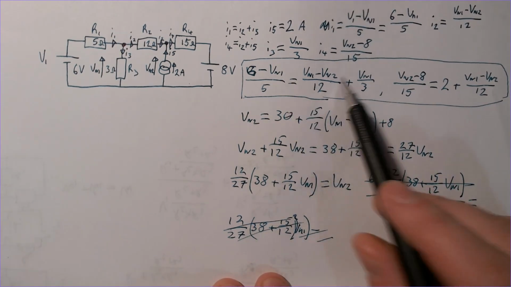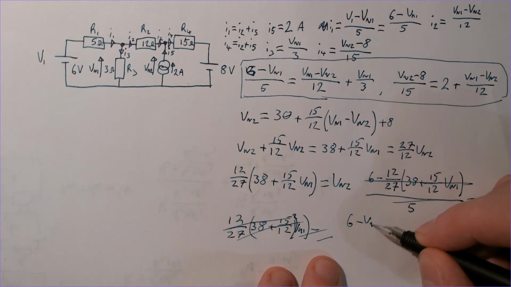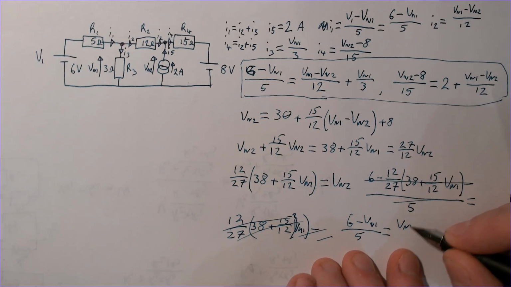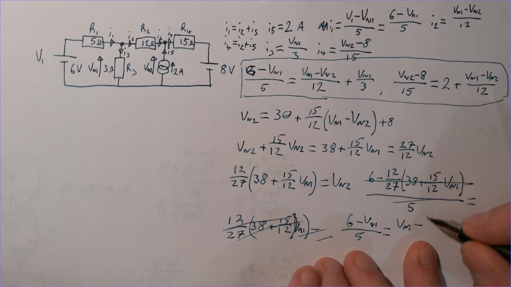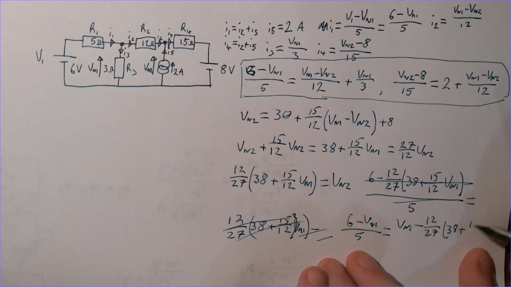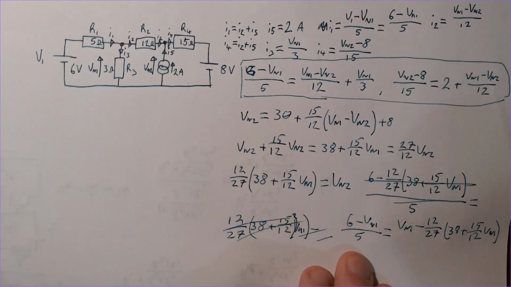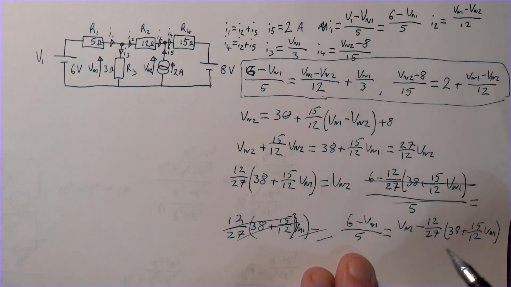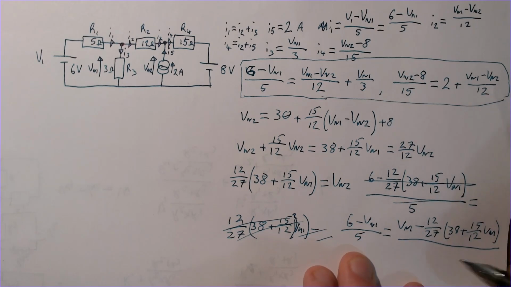Putting Vn2 in here, so 6 minus Vn1 over 5 equals Vn1 minus 12 over 27, 38 plus 15 over 12 Vn1 over 12. So that would cancel with that.